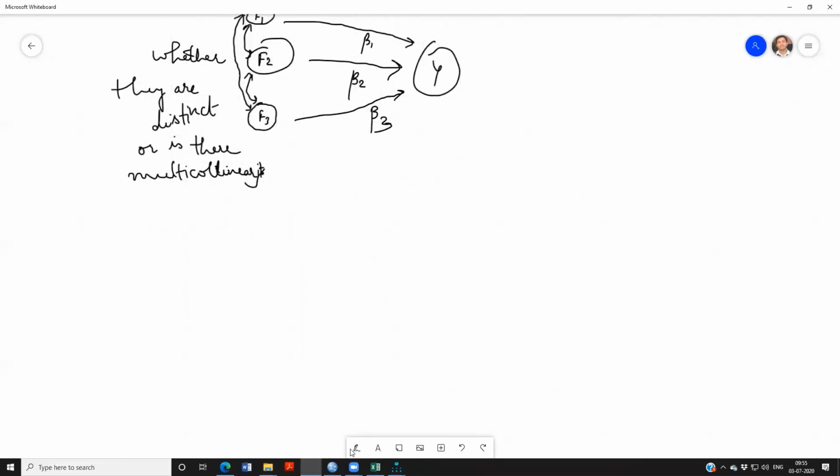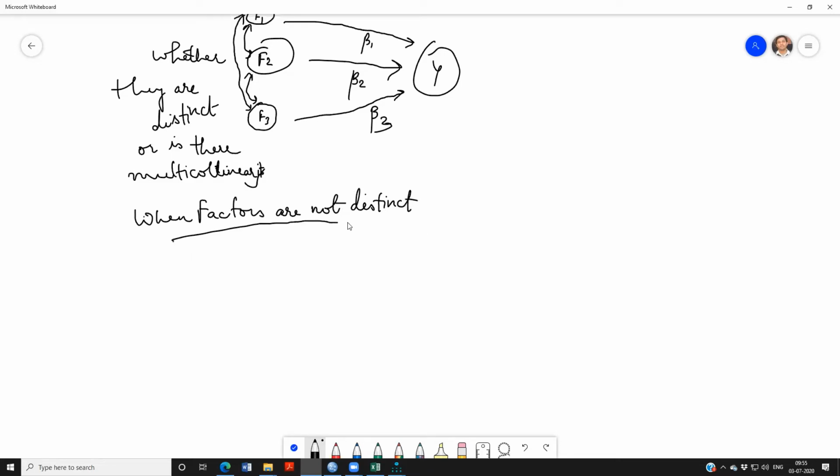If you have multicollinear factors which are not distinct, the independent factors are not distinct, there are two options. Option 1, you collapse all the factors.